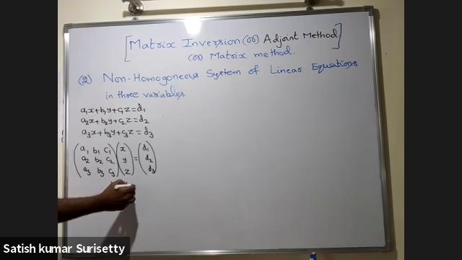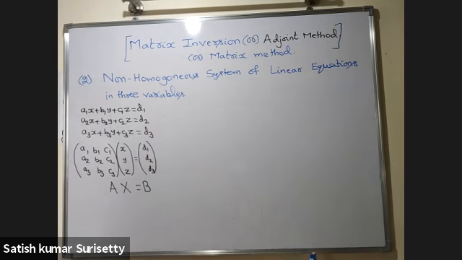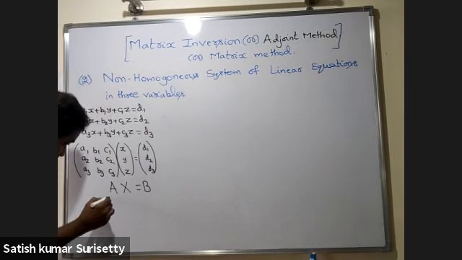That is AX equal to B, where A is the coefficient matrix, capital X is the variable matrix, and B is the constant matrix. Multiply with A inverse.